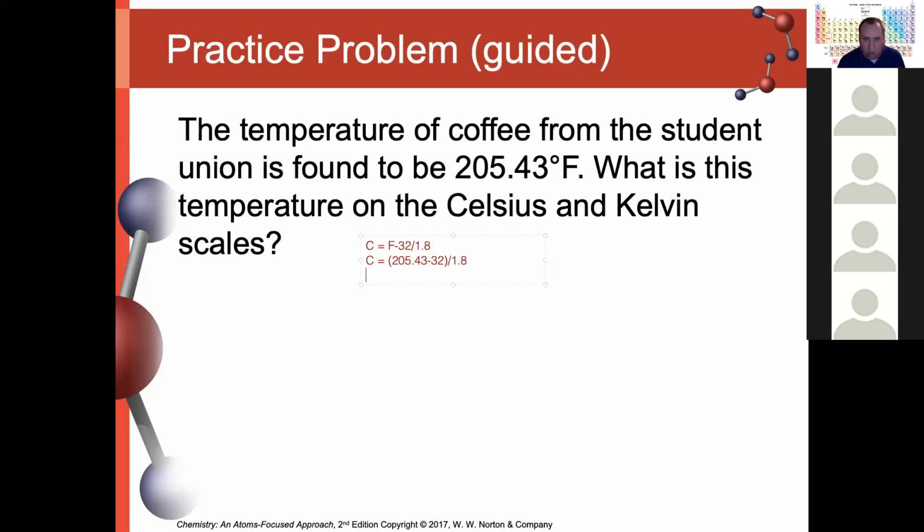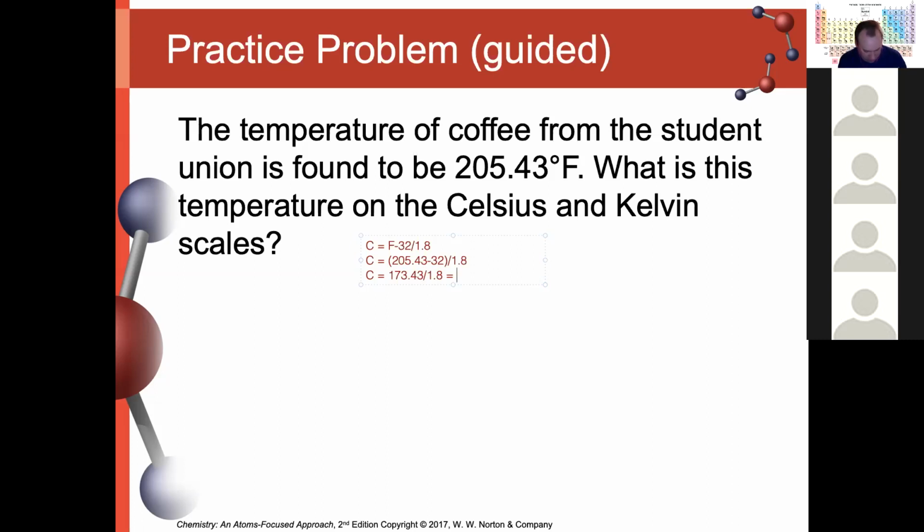a small word about significant figures here. We haven't talked about them totally yet, but exact numbers like the 32, which is a defined value for the freezing point of water, have infinite precision. So out of the subtraction, we're going to keep as many decimal places as go in. So 205.43 minus 32 will give us 173.43, divided by 1.8. 1.8 is also an exact number, 180 divided by 100.